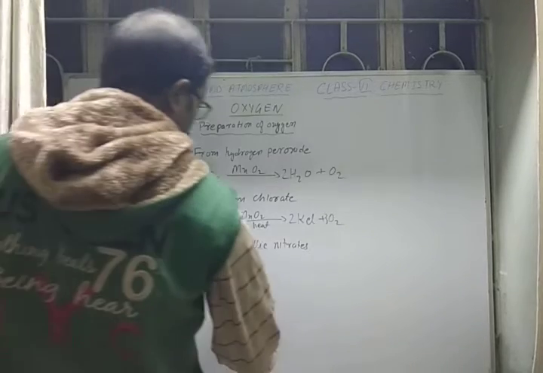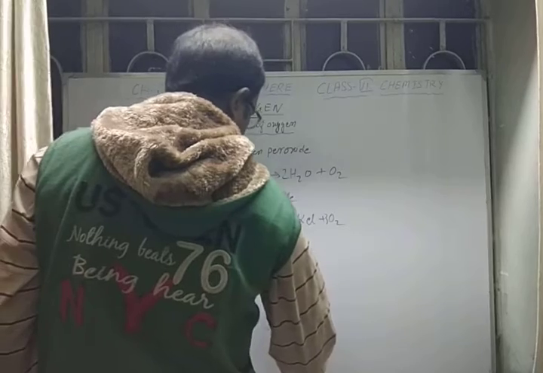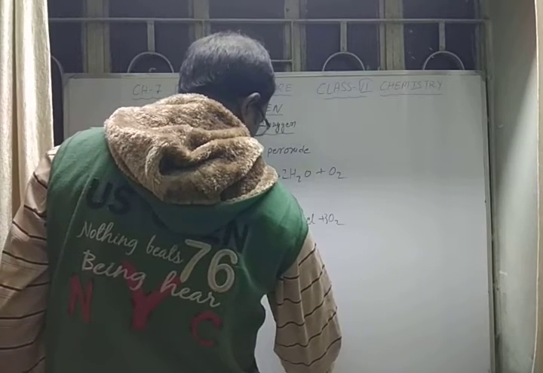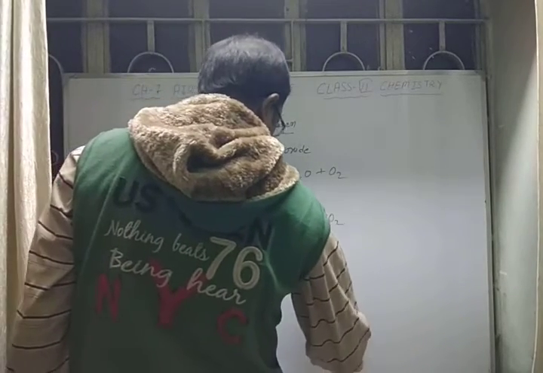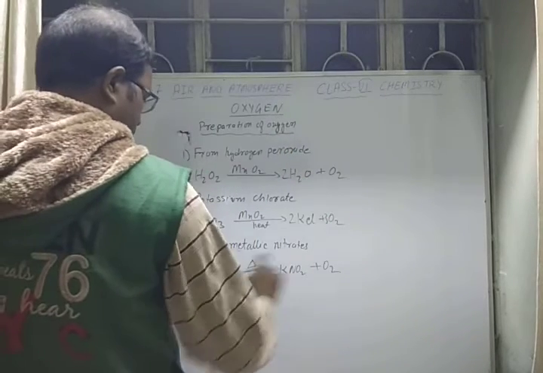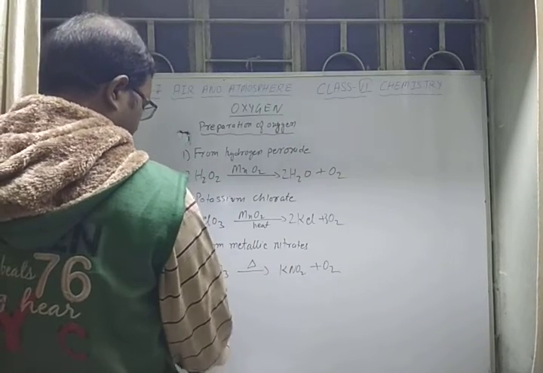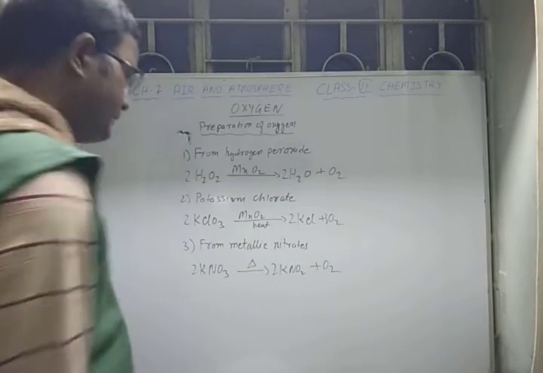So again you have to heat it, so it decomposes to form potassium nitrite plus O2. So O2 to 4 is 3, so 6. Now if you put 2 here, it is also 6, that is balanced.